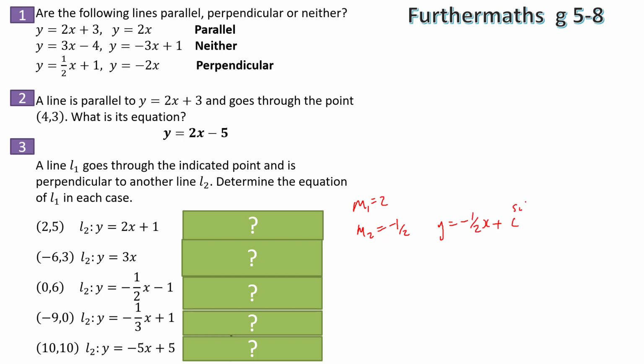We sub in the coordinate to 5. So 5 equals 2 times minus a half is minus 1 plus c. I'm going to jump a step, plus 1 to both sides. So c here is going to equal 6. So that line must be y equals minus a half x plus 6. And that's a grade 8 question.